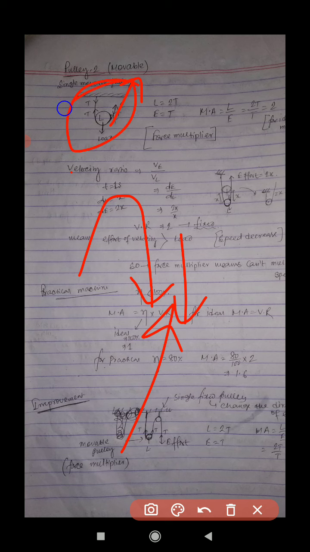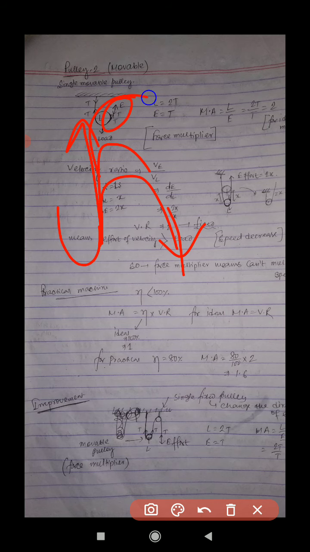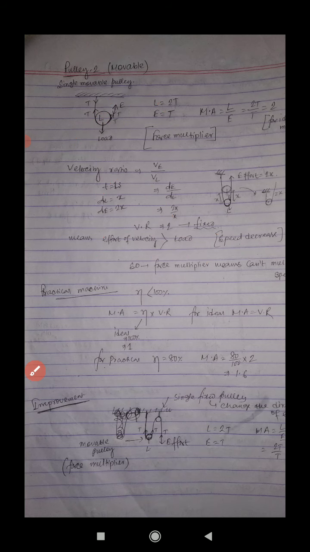So if we fix another single fixed pulley, it will just change the direction. We will pull downward instead. If we pass the rope through the single fixed pulley, it just changes the direction, so it gives the same good mechanical advantage. That is also present in your book.